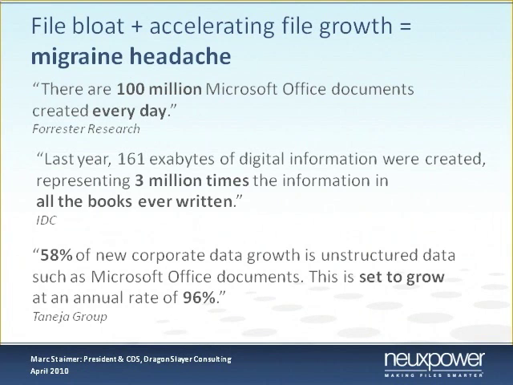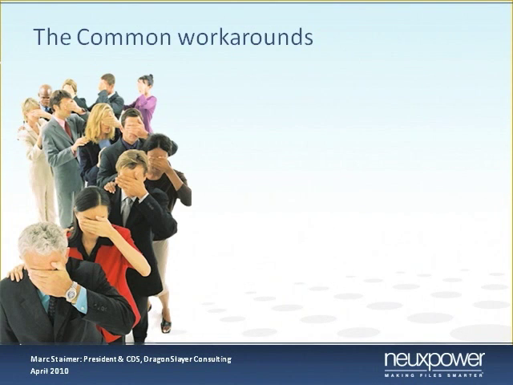And Tenacia Group says more than half of all new corporate data growth is unstructured data such as Microsoft Office documents. Again, bloated files. And that's set to grow at nearly 100% per year. That's a migraine headache.